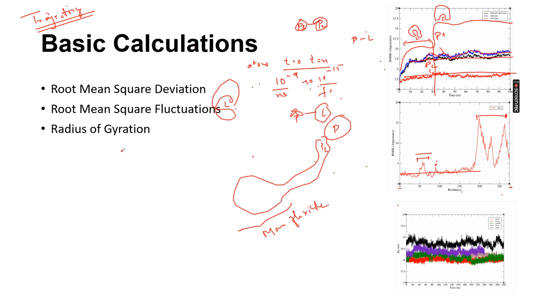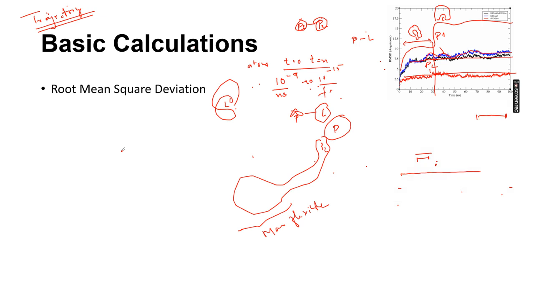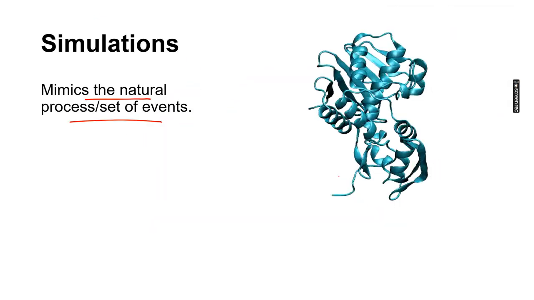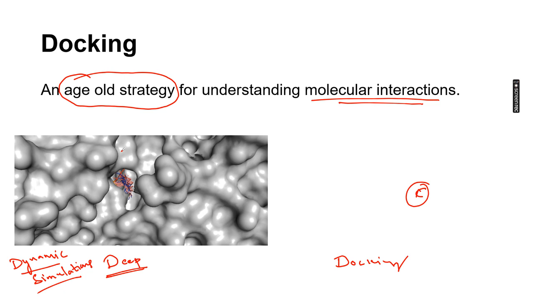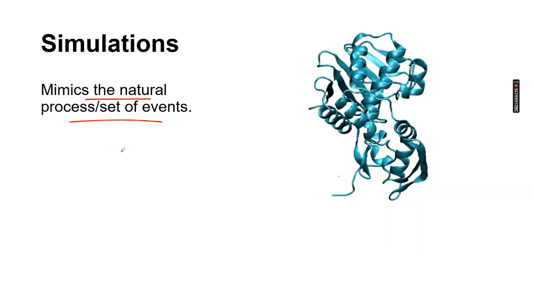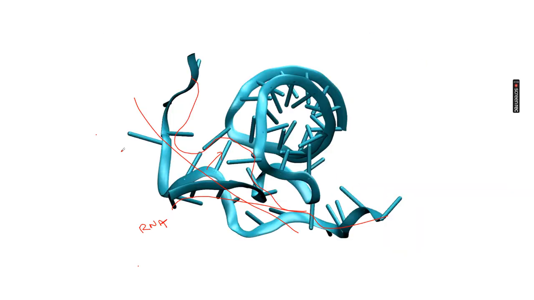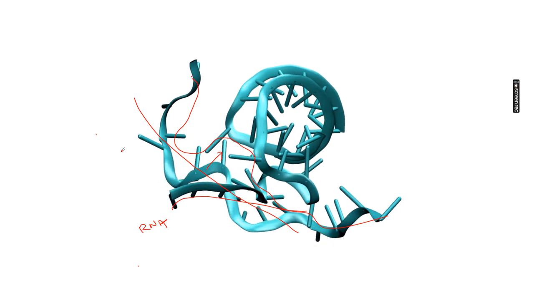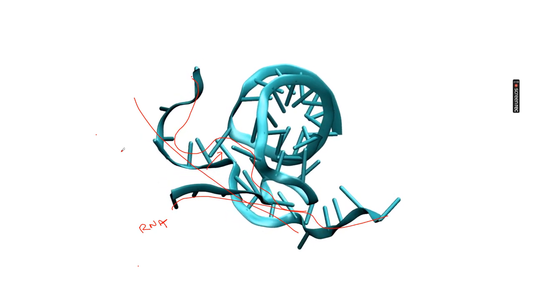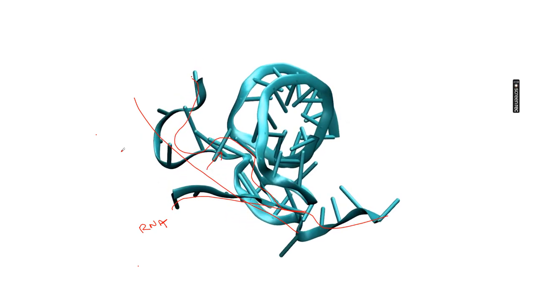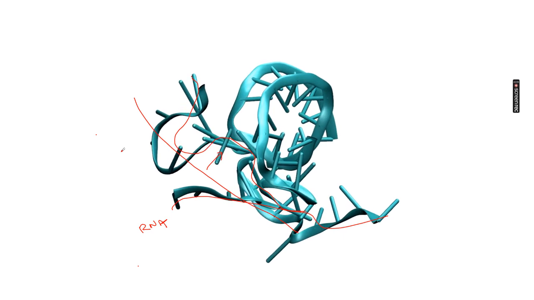Okay, you can see if you look at our previous slide, this one. There are major changes here. You can see with respect to the y-axis there is a huge difference of this loop. Actually it is completely going away.